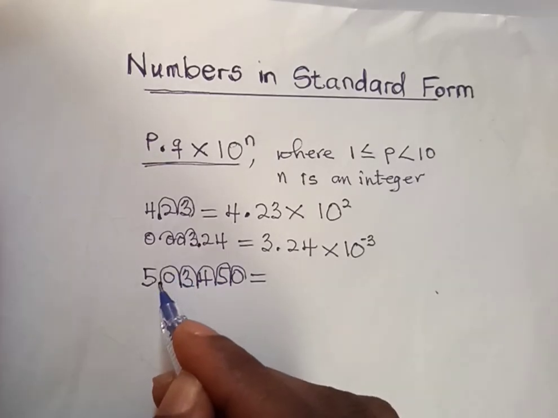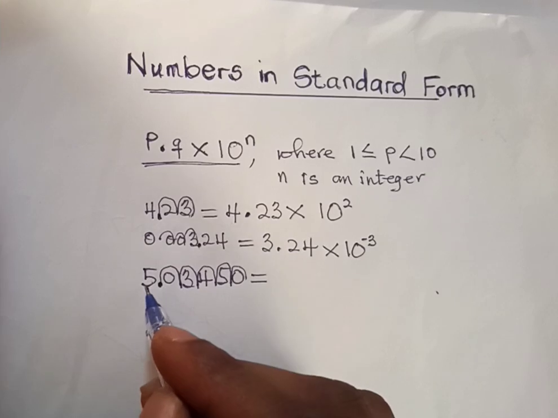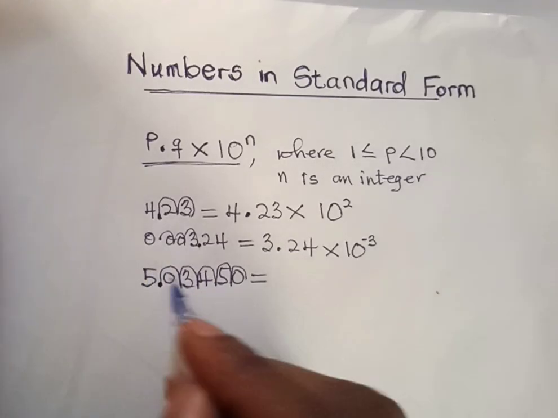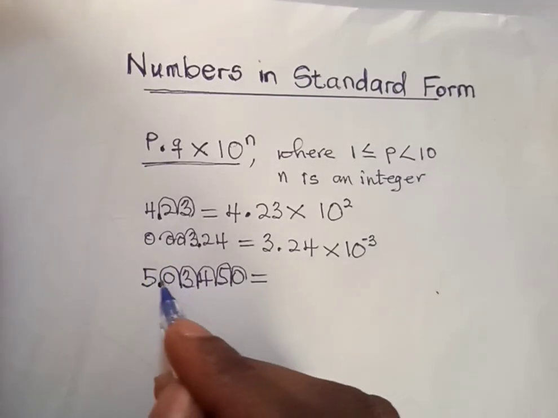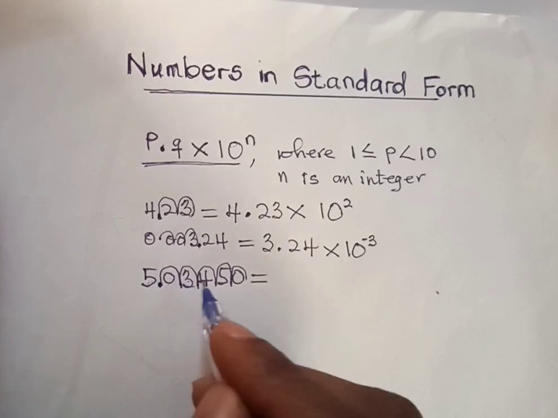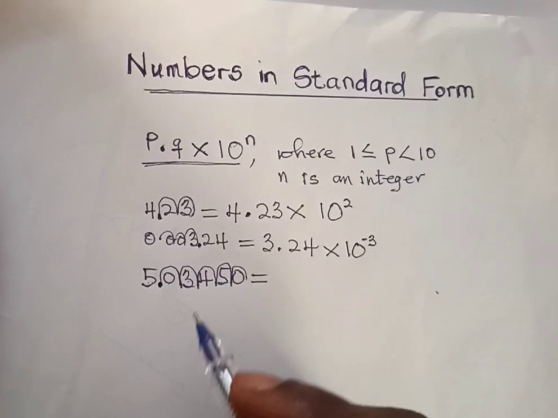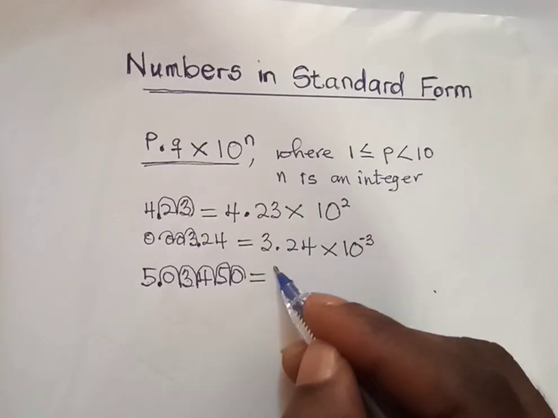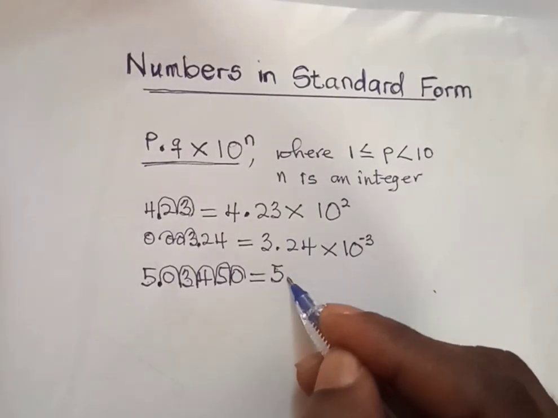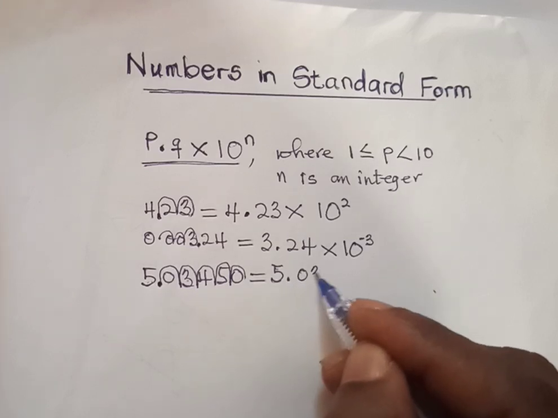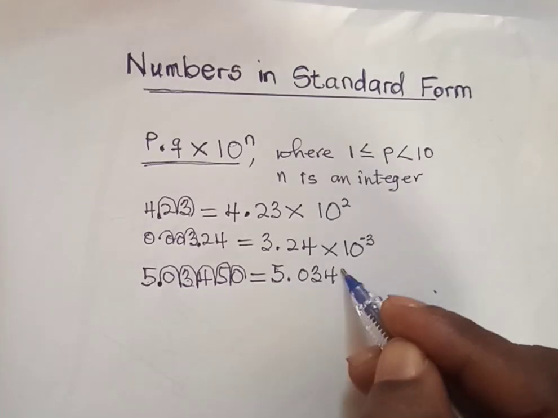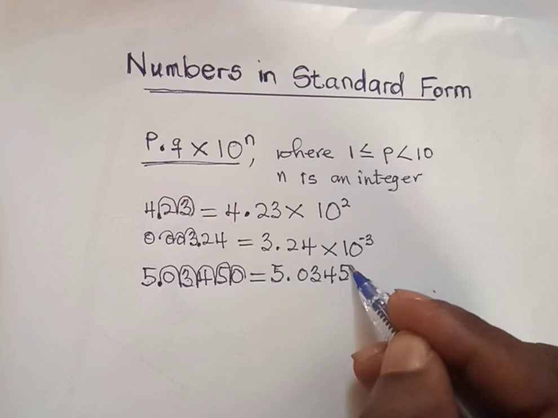So we end here. The point should be between numbers other than 0. Even though this is 0, once the 0 is between two raw numbers, then the point must come between them. So we are going to write 5 dot, my 0 will come, 4, 5.